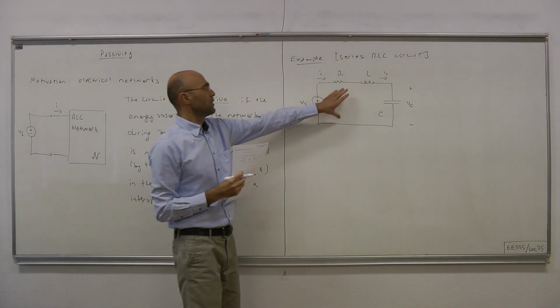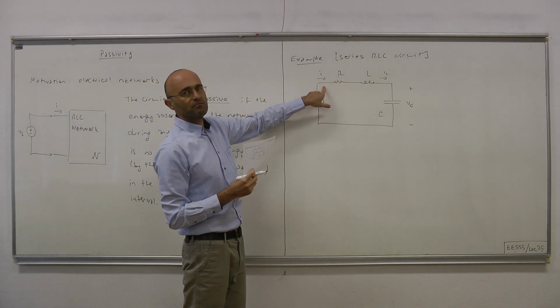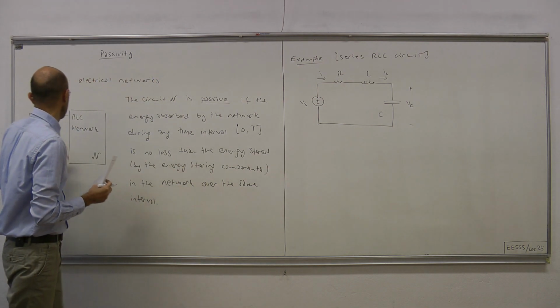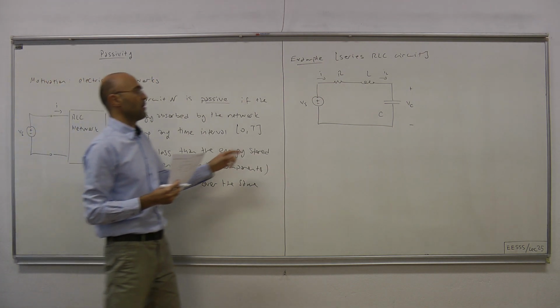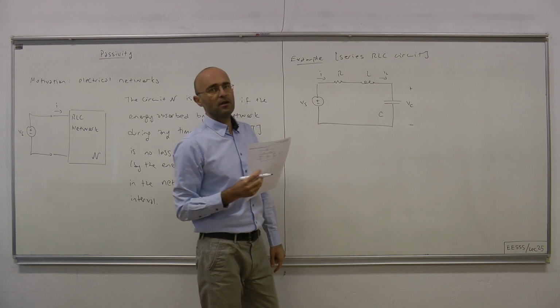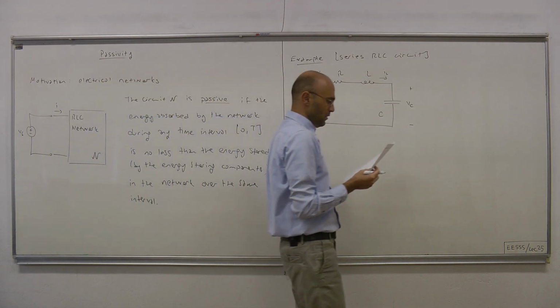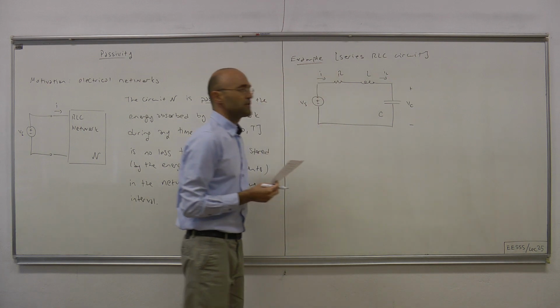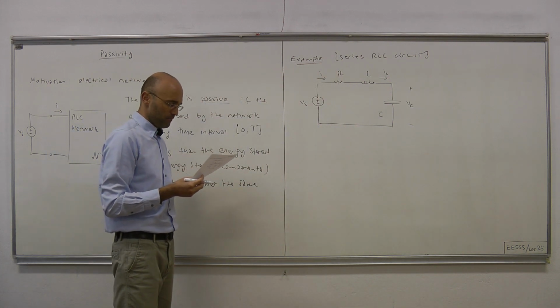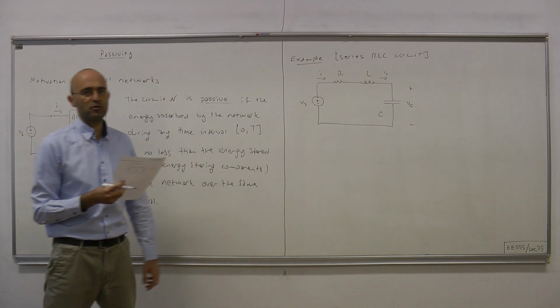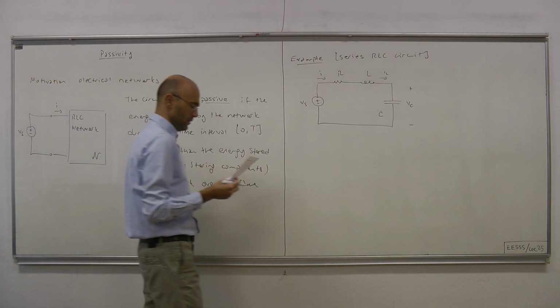In this configuration, the current that we see at the input terminals and the current flowing through the inductor are the same. So for this simple circuit, let's write down the absorbed energy and the stored energy.